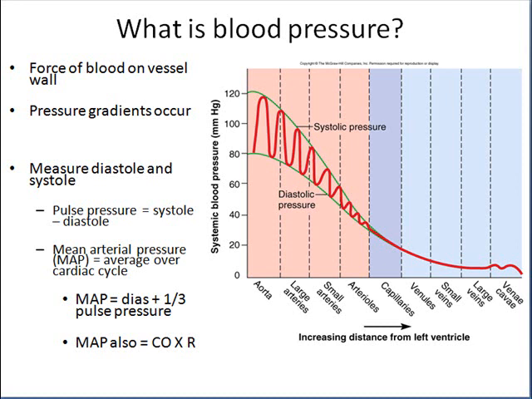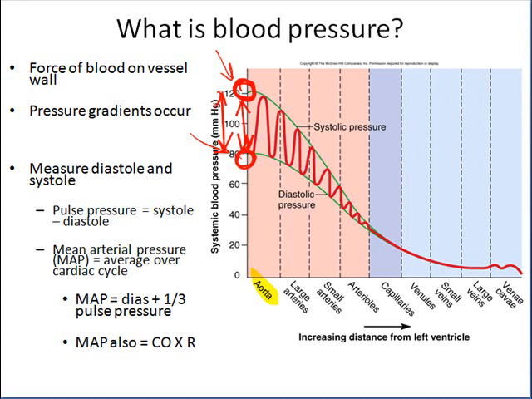The first place you go is into the aorta, and you can see that the aorta experiences very high pressures, but it also experiences a very great range of pressures, and that's because when the ventricle contracts, the aorta experiences a high pressure of blood moving into it very rapidly, but then when the ventricle relaxes, when it's in diastole, pressure drops considerably. And so we have a large range or window here in which blood pressures vary.